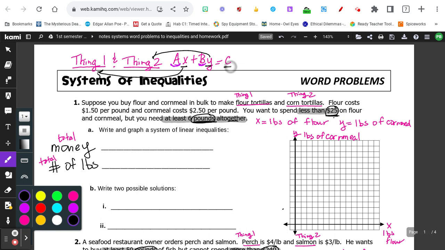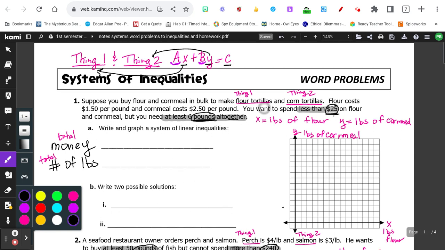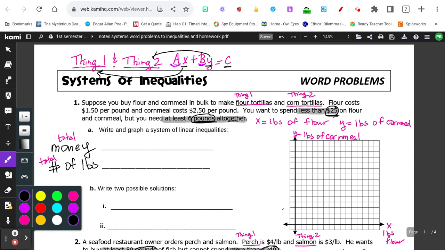And c will normally be some total, or some constant amount, like a regular number. In most cases it's going to end up being some total of what you want, because in ax plus by, that plus means you're adding something to get some final number. And that's going to be your c.